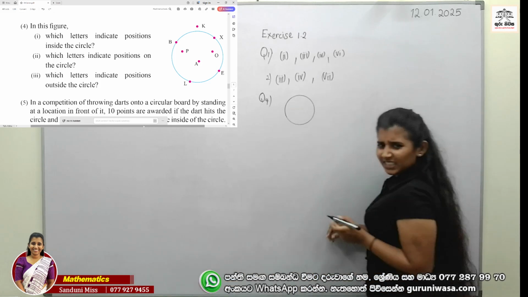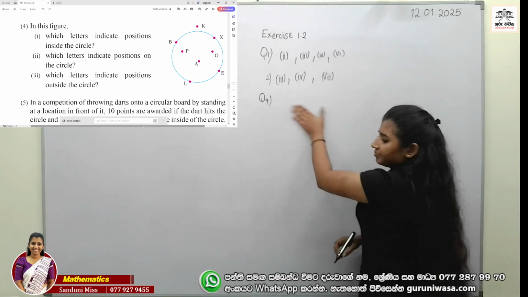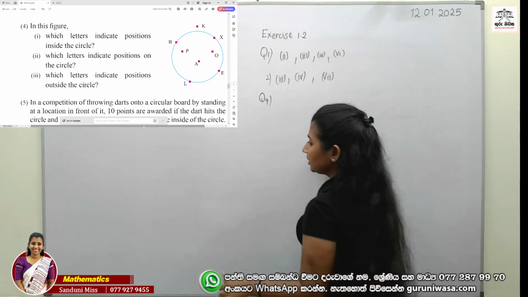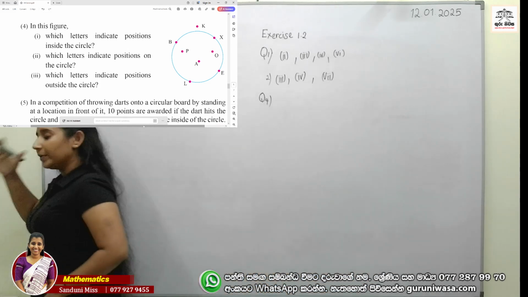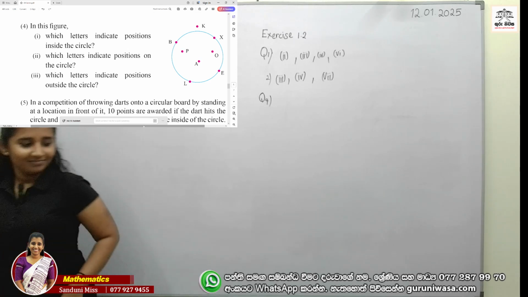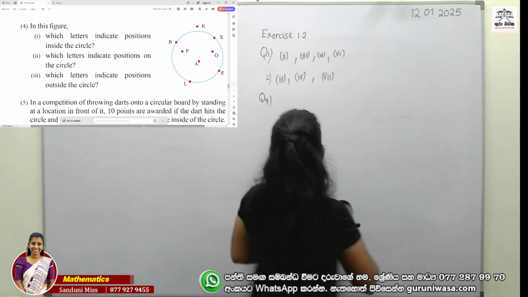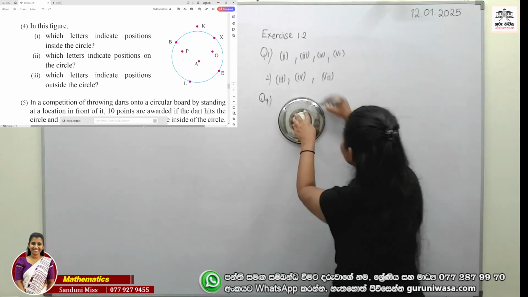Is this circle enough? No. We'll have a big circle. It's enough for you, but not for me. We have so many circular objects you can take to draw. So many circular objects in the kitchen, like the lid of the rice cooker. This is enough.